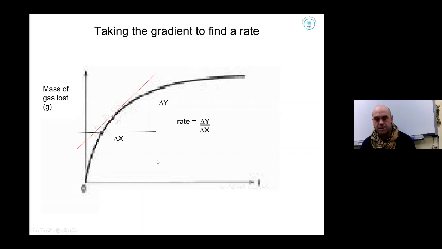I always just double check that I've got it the right way around. Okay, and in this case, our unit of rate would be grams per second. So I've written it in both formats, g/s or g s^-1. Okay, so you've got your change in mass and your change in time.